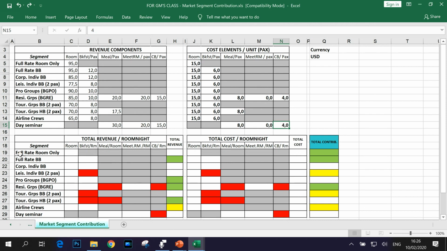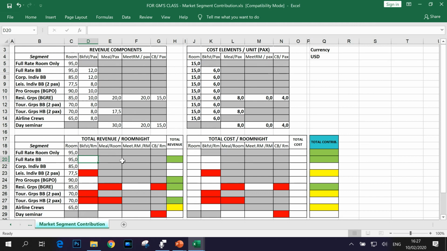So here we have a full rate room, which will be exactly the same as above, 95. Full rate, so room revenue doesn't change. So we can just copy and paste here. Breakfast is a little bit different because if it is a single occupancy, the revenue per room should be the same as revenue per pax.